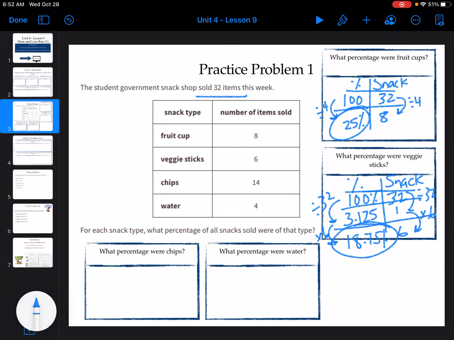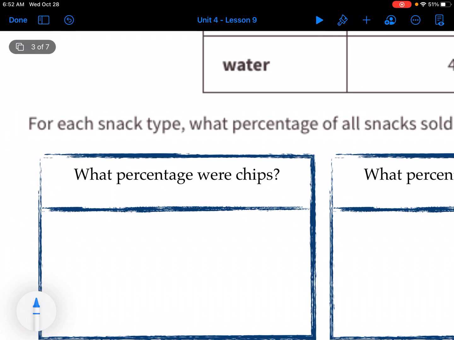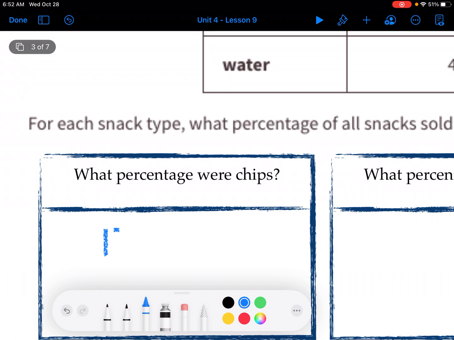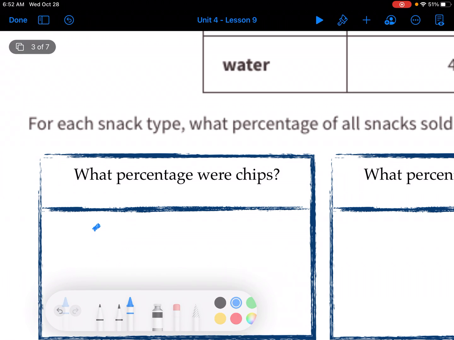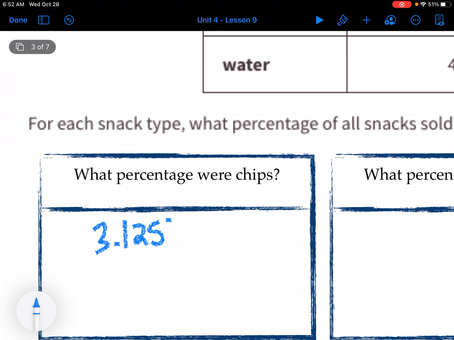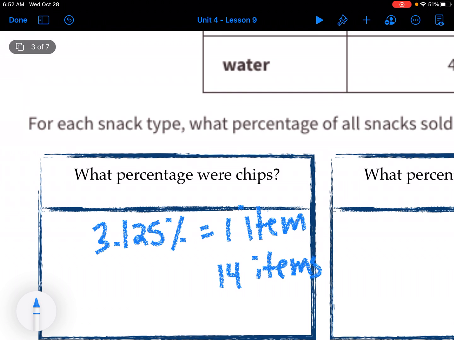What percent were chips? I know that 3.125% is equal to 1 item. So that means 14 items. I'm going to multiply by 14. 3.125 times 14, and I get 43.75%.